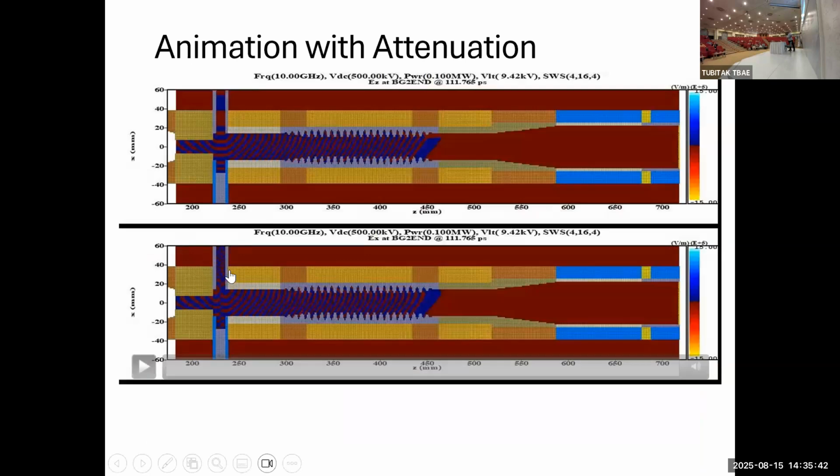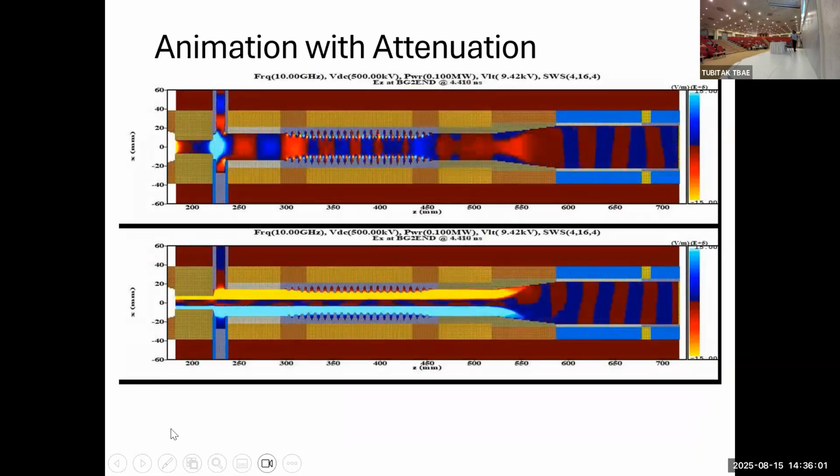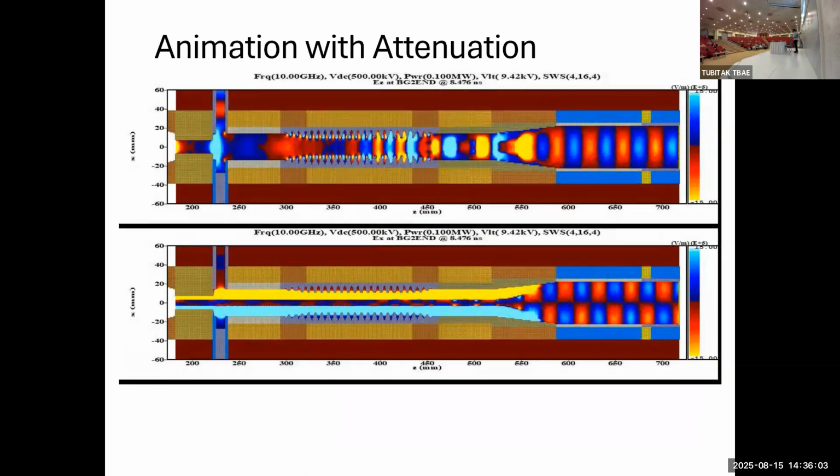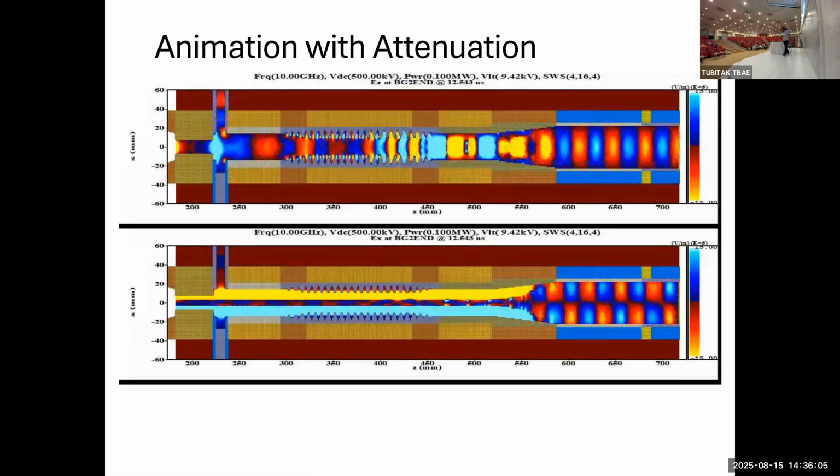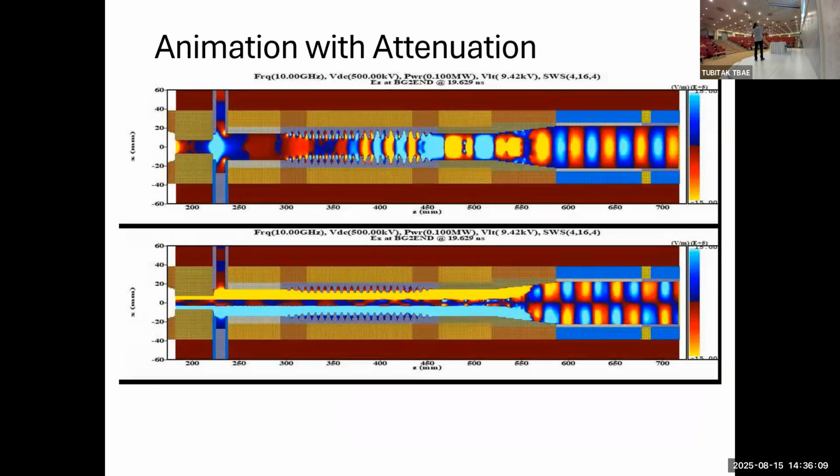Now the one I previously showed you just shows this part right here, the rectangular and circular section. But if we introduce the slow wave structure, the impedance will change, and you need to make sure that your input coupling is still okay and you're still coupling the same amount of power. The reason is that you don't want a lot of reflection.